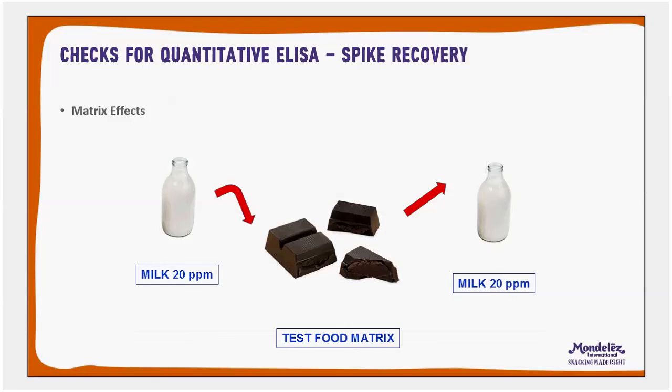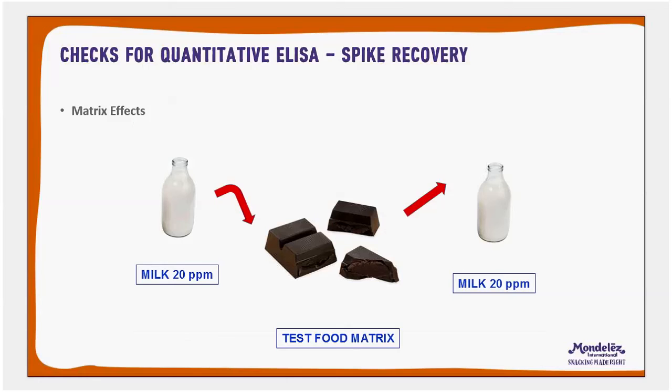So I mentioned earlier that the laboratory needs to look out for matrix effects within the sample. And this is something we'd expect an external laboratory to do. So let's imagine that we are looking for the presence of milk protein in dark chocolate. The way the laboratory typically will look for matrix effects is they will take a sample of the dark chocolate that does not contain milk.